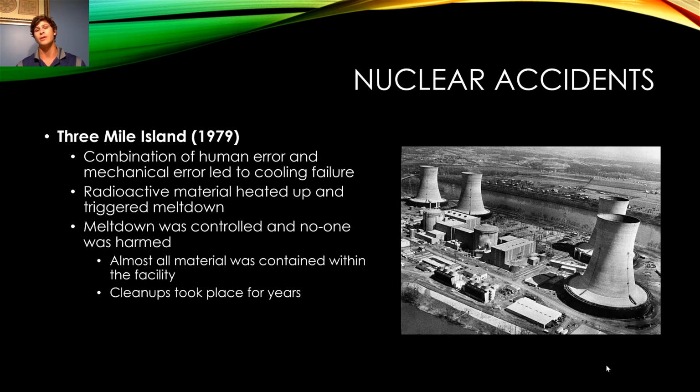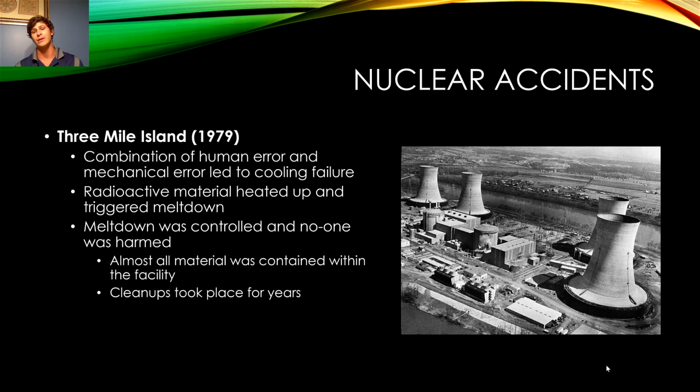A running theme behind nuclear catastrophes is that the nuclear fuel rods have some sort of cooling failure associated with them, and as a result, the nuclear fuel begins to melt, and that melted fuel rod somehow escapes its casing and ends up in the outdoor environment where it can impact ecosystems as well as human health. Basically, in this case, the radioactive material predictably heated up and triggered a meltdown where it was, in this case, controlled, and minimal amounts of nuclear material actually escaped into the open environment.